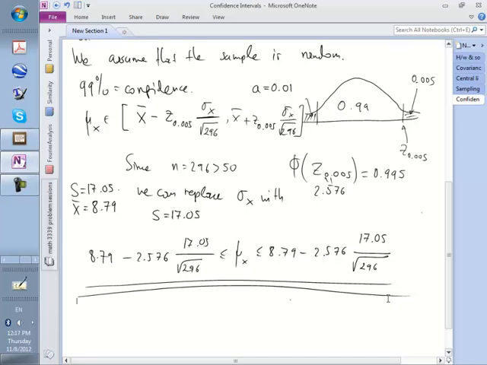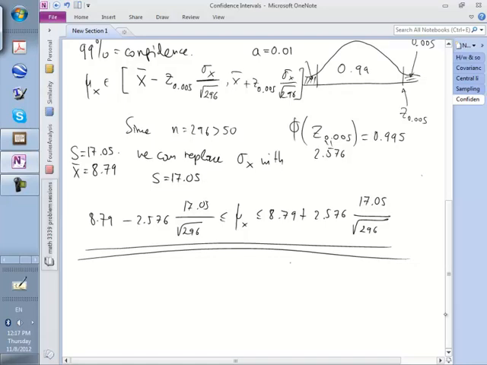Is it clear? So here, what did I do? I have a fairly big sample, so I don't care about the distribution of x, since I'm looking for a mean. I based my conclusion on the central limit theorem. Yes, it's a plus here. It was meant to be a plus always.